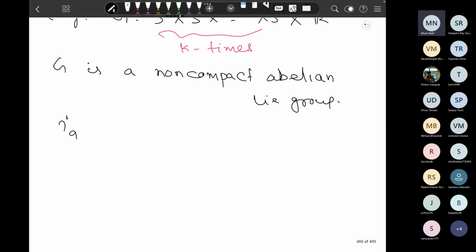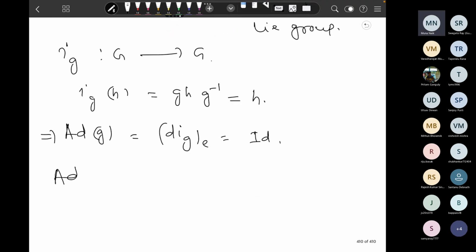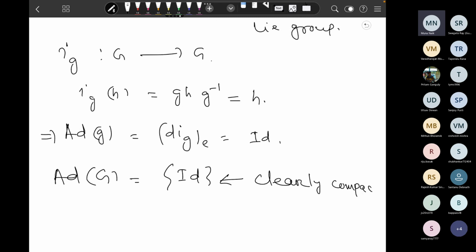What you do, Ig from G to G, Ig of H is equal to G H G inverse. But since this is abelian, this is just H. So Rg is the derivative of Ig at the identity point. Since Ig is the identity map, dIg is equal to identity. Therefore, Rg you will get in this case is the identity, which is clearly compact, but G is non-compact.